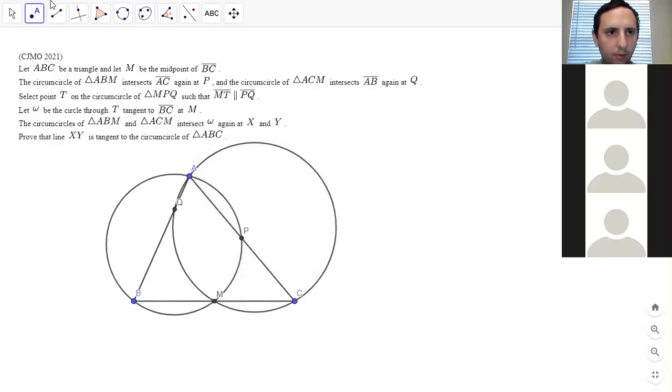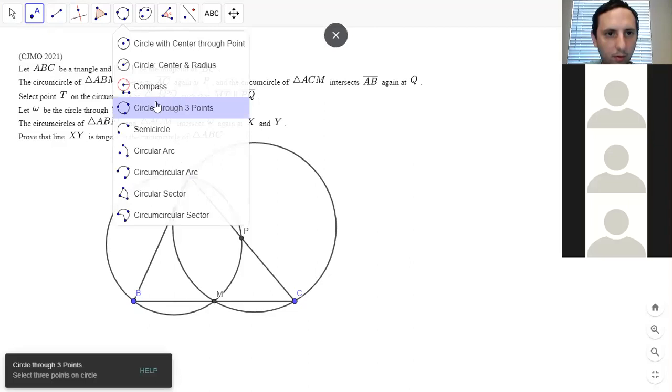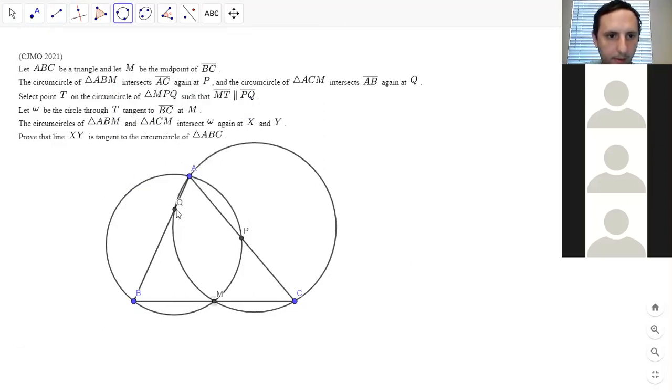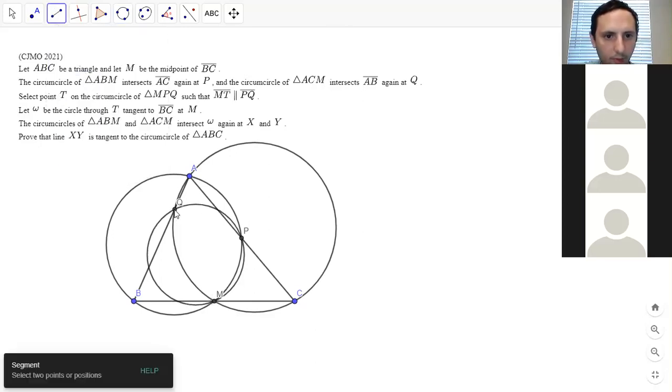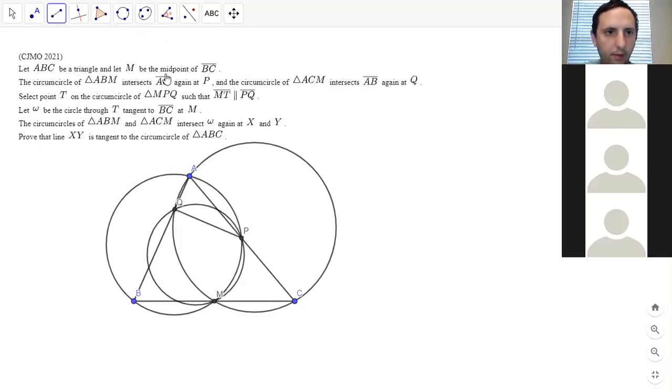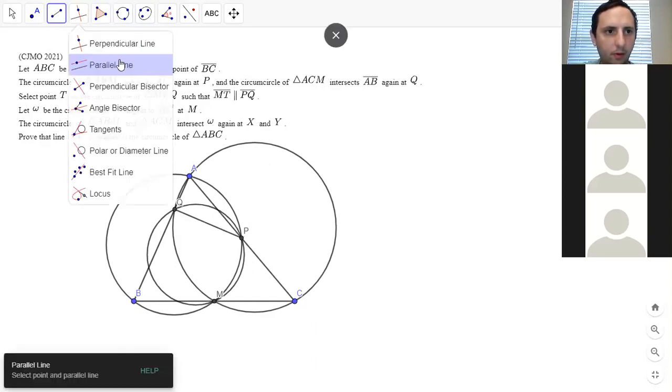So then we draw the circumcircle of MPQ, and we want MT to be parallel to PQ. Interesting. I don't think I've seen a configuration like this before.